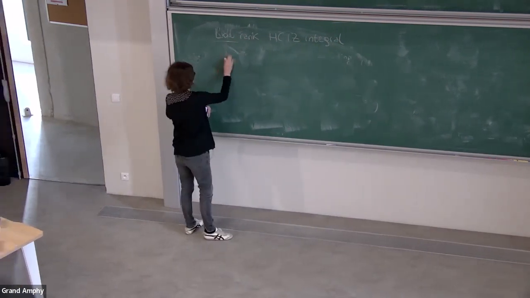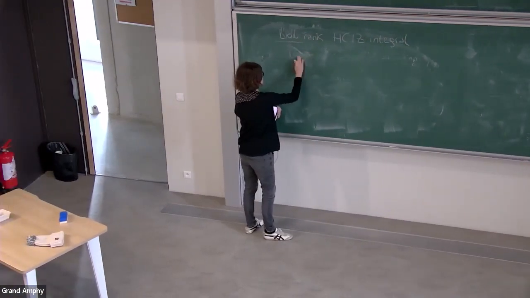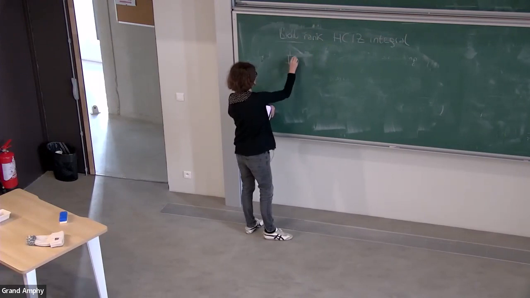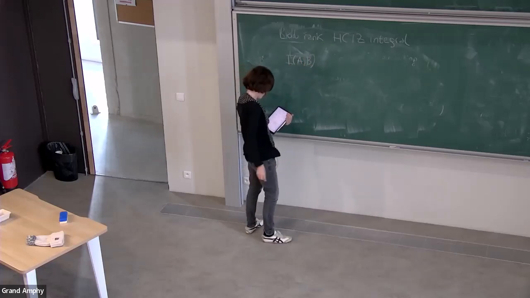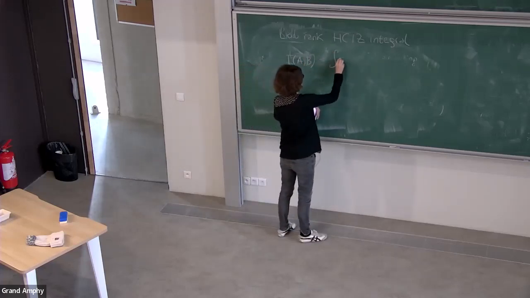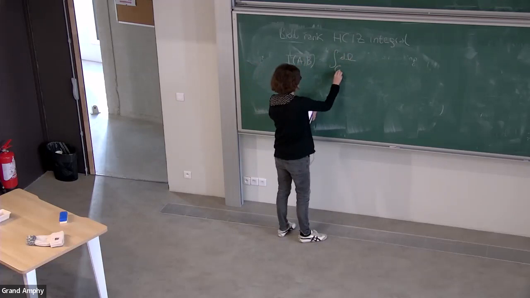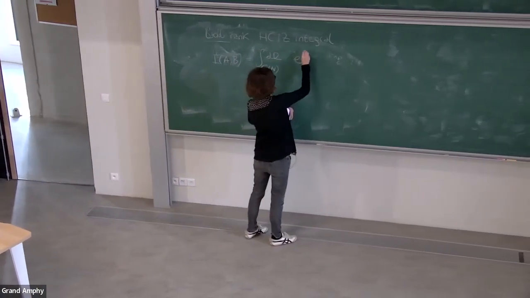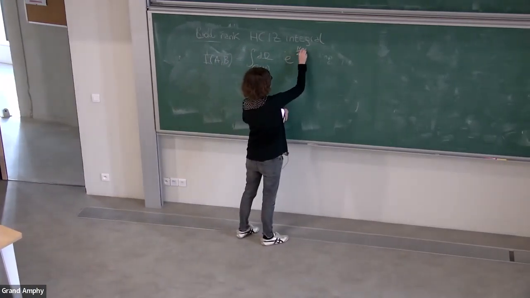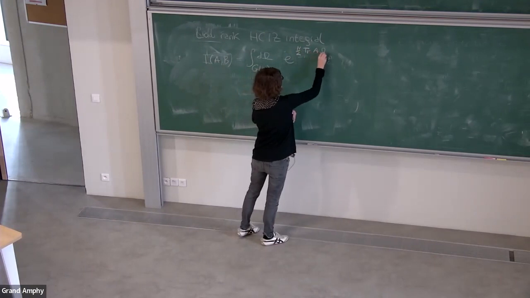This integral is a famous one in the mathematical physics literature. It is defined as the integral over the Haar measure of the group, which could be the orthogonal or the unitary group, of the exponential of A omega.